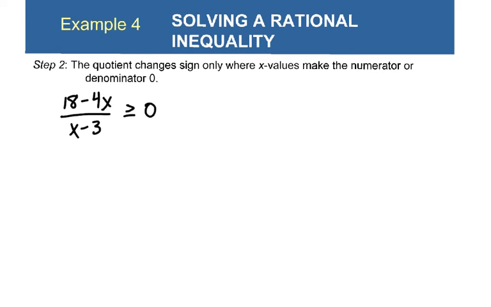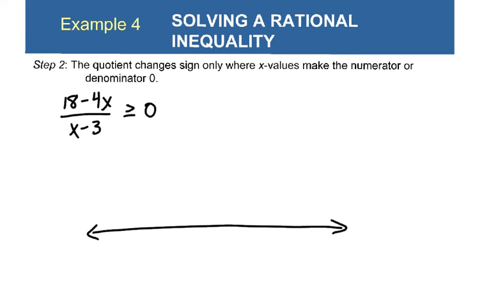Alright, in order to do this step, what we're going to do is find values where the numerator or denominator is equal to 0. And remember, in our rational expression on the left side of this inequality, if our denominator is equal to 0, that is where we have what's called an asymptote.